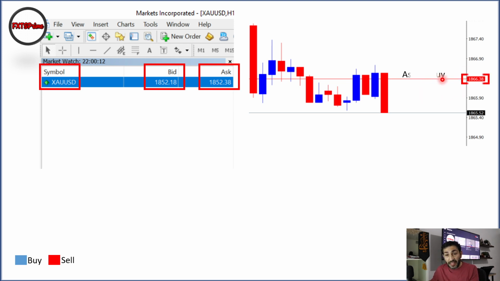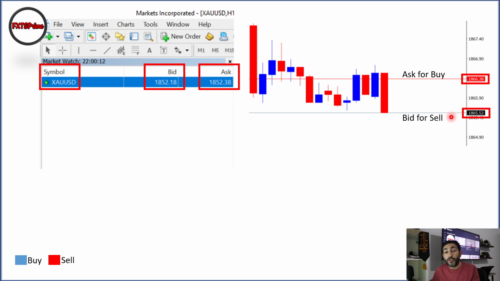The first line on the top is the ask price, and this is the price which will be triggered when you open a buy trade. So when you open a buy trade, this is the area where the buy trade will align with this price. Your price will be 1866.38 if you open a buy trade.